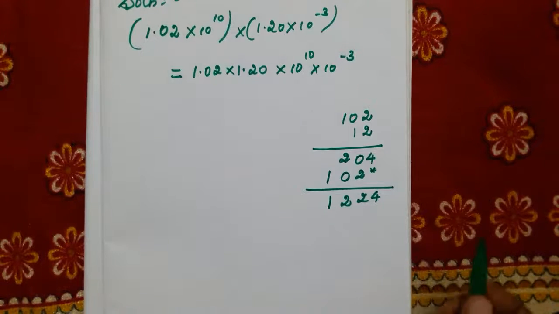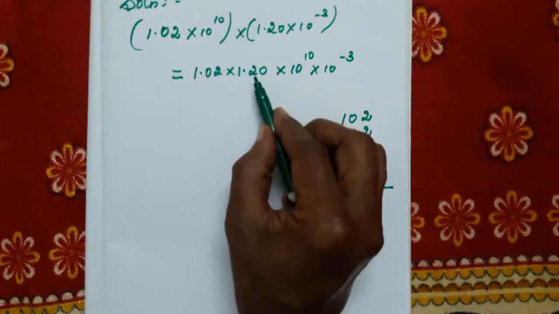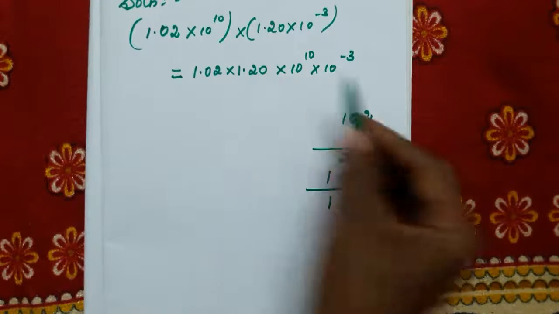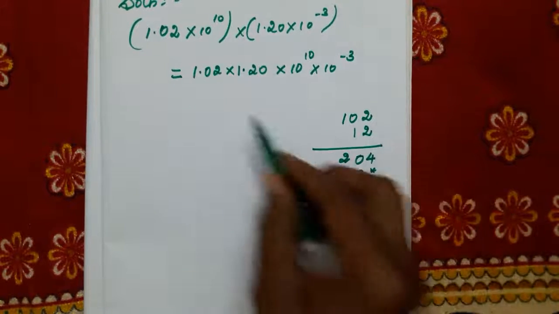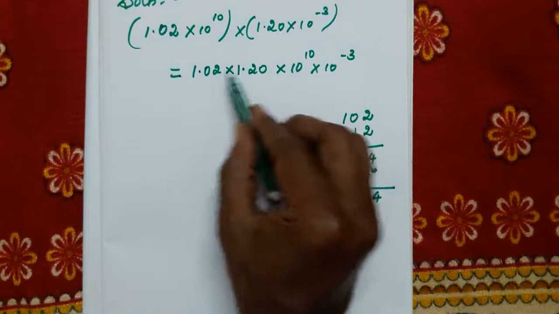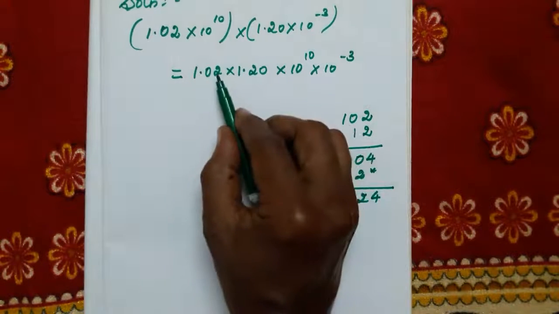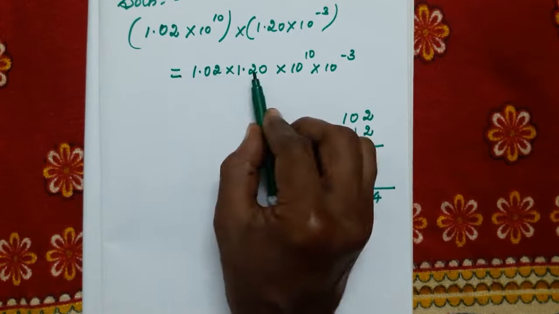How many places do we have to move the decimal point? 1, 2, 3, not 4. We didn't write this 0. So how many places do we have to move the decimal point? Here, after the decimal point, how many digits are there? You want to count it. 1, 2, next 3.